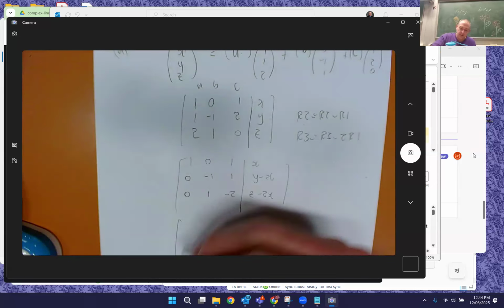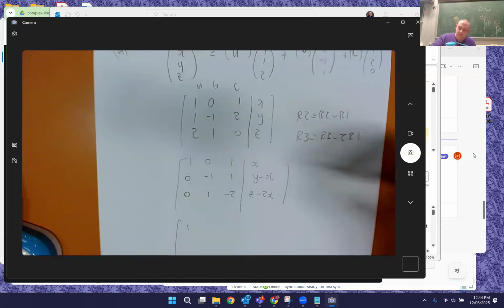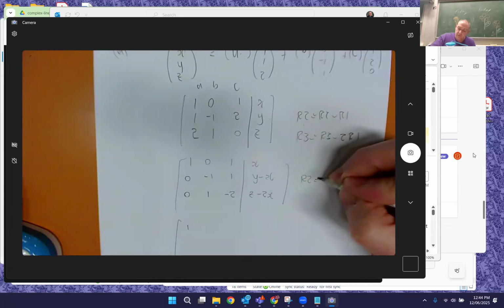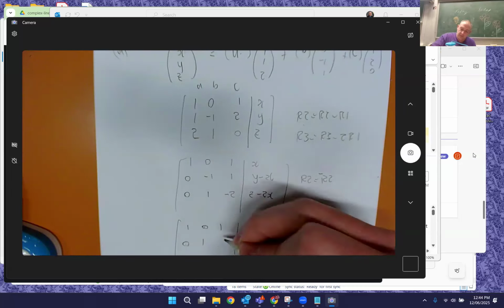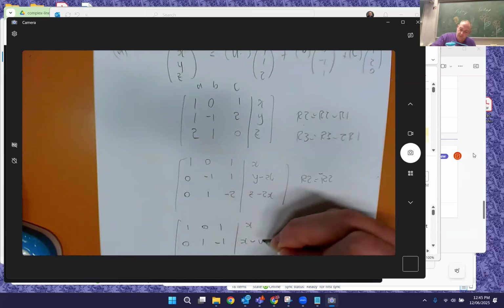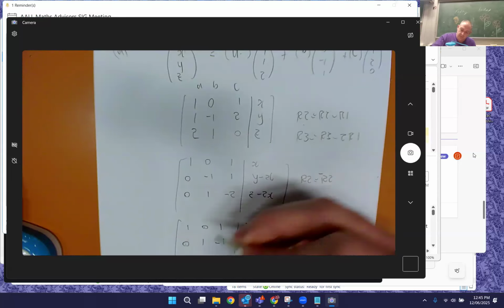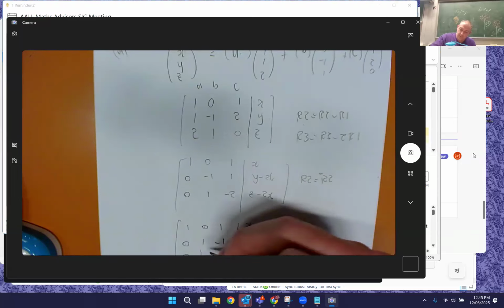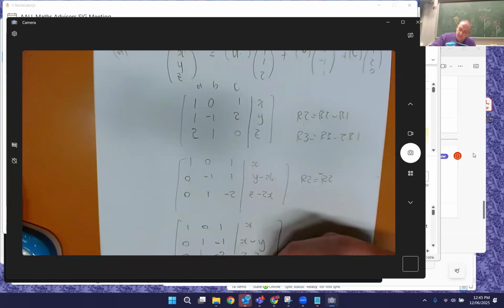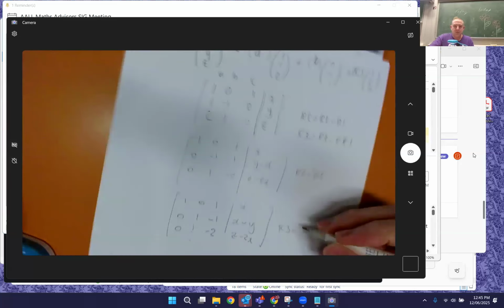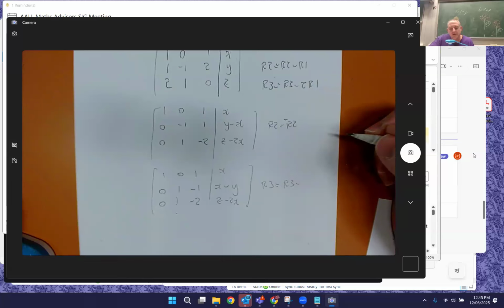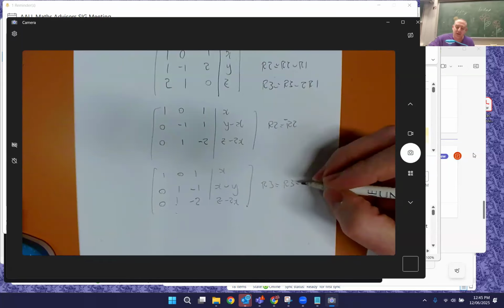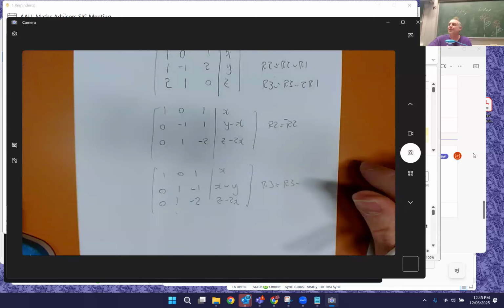And row 2 is row minus row 2. And row 3 is row 3 minus. Oh, I shouldn't have done that. Oh well, it's too late now. I could have just added them and made the 0 where I wanted.